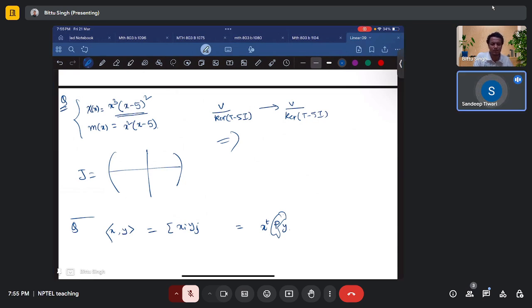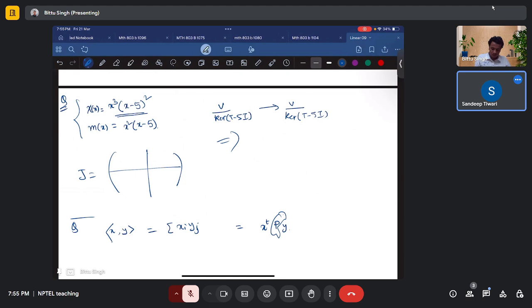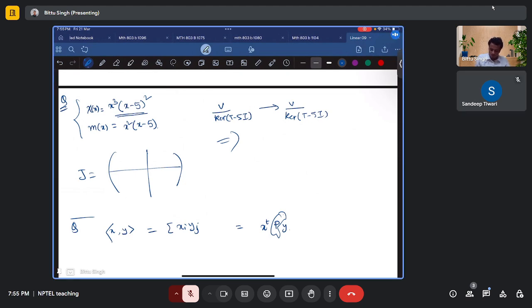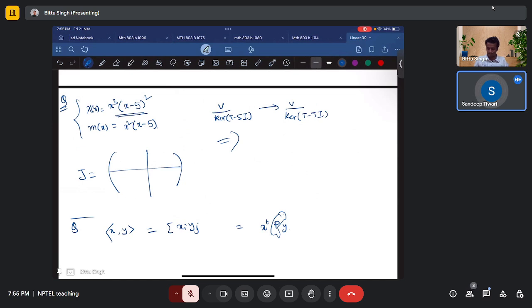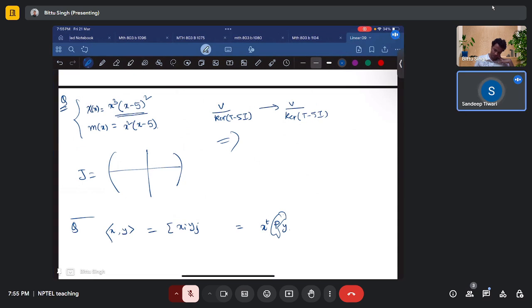Sir has mentioned that quadratic forms are there. Is it in this week? It is not for this week. It is maybe in the last tutorial, bilinear forms, in week 11, maybe week 11 or 12, after inner product.